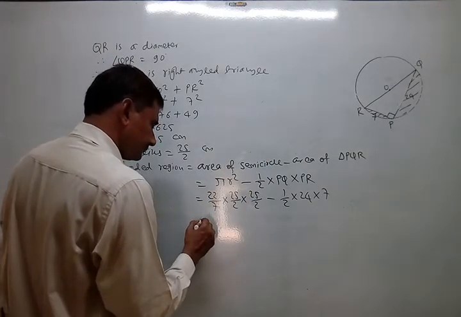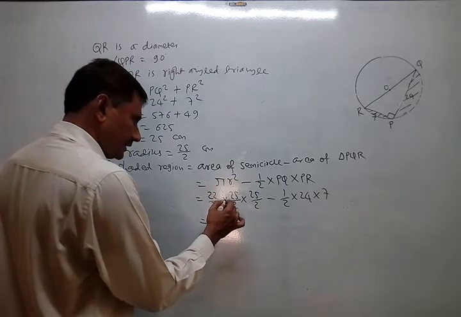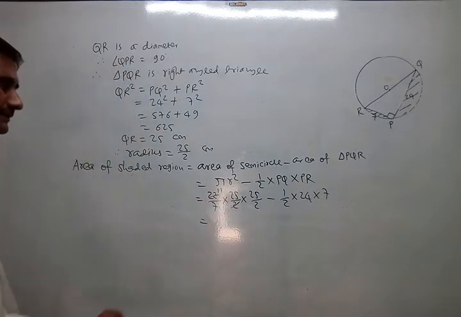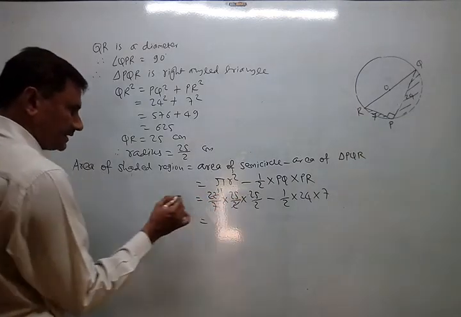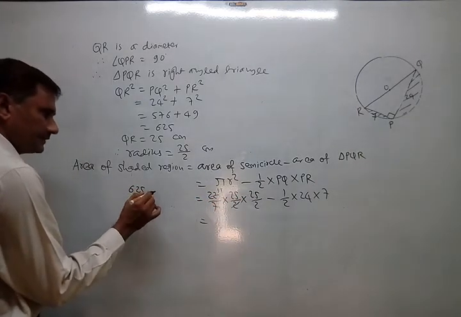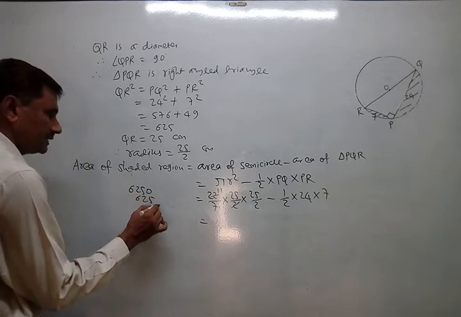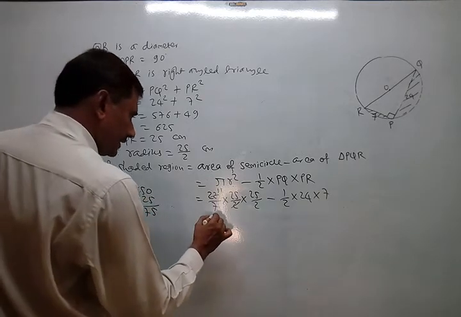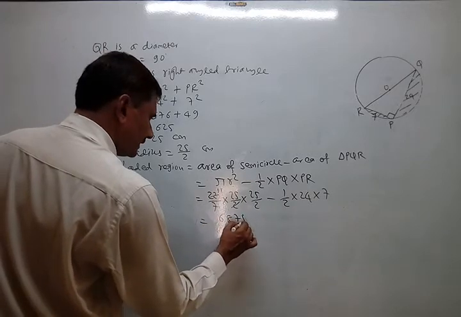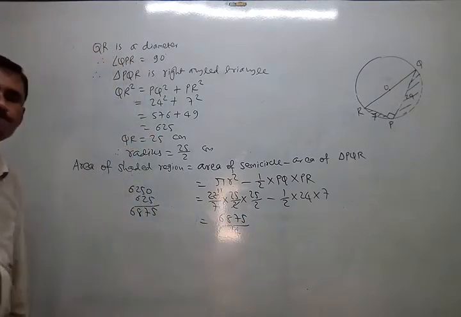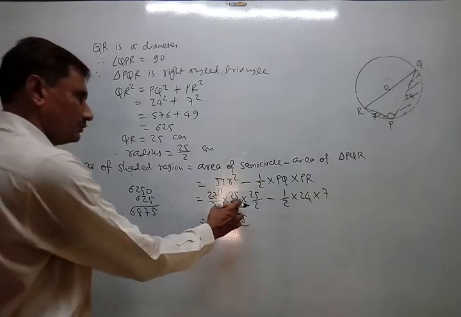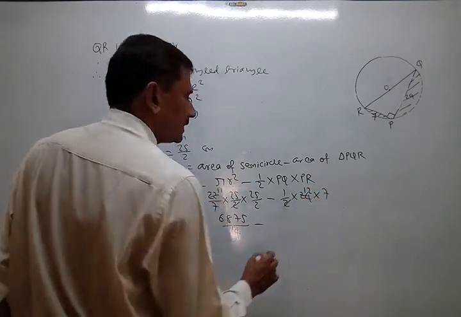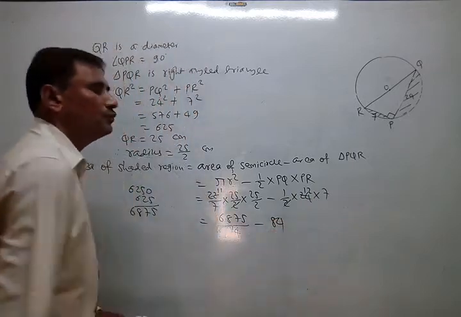Now, if you want, you can cancel by 11. So 25 we know, 625 into 11 will become 6875, upon 14. Two 11s are removed. Minus here is 12, 12 sevens are 84.